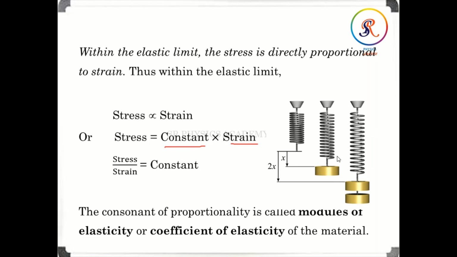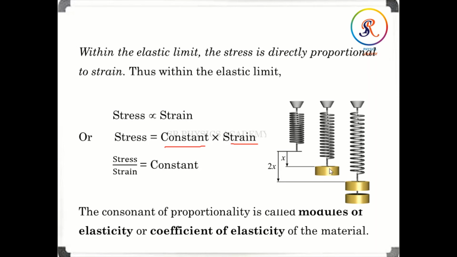Now we will discuss this with the figure. The figure shows the stable condition of the spring, meaning no load is applied. Then the spring is elongated by some amount x under a load, suppose 1 Newton.